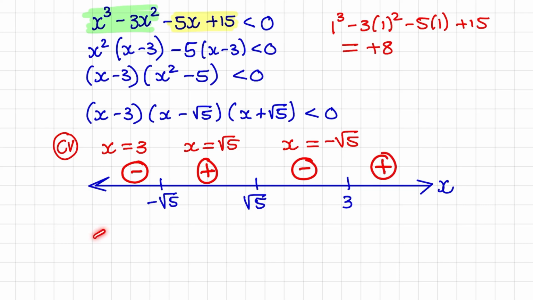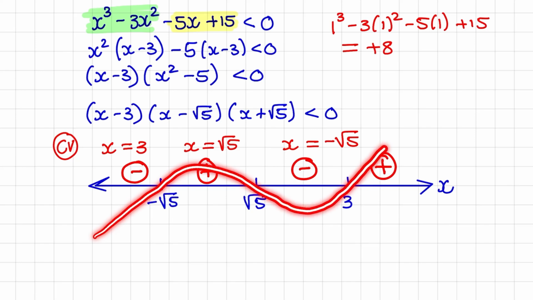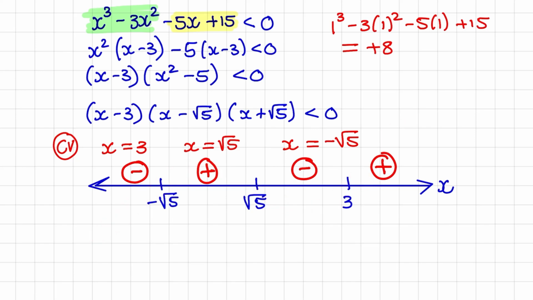And as explained in a previous video, you do not need to know how to plot the cubic function. What you want to do is interpret the expression by using the critical values on a number line. So we want to find where the expression would be smaller than 0. And we can see that for any value between the square root of 5 and 3, it will produce a negative value, meaning a value smaller than 0.